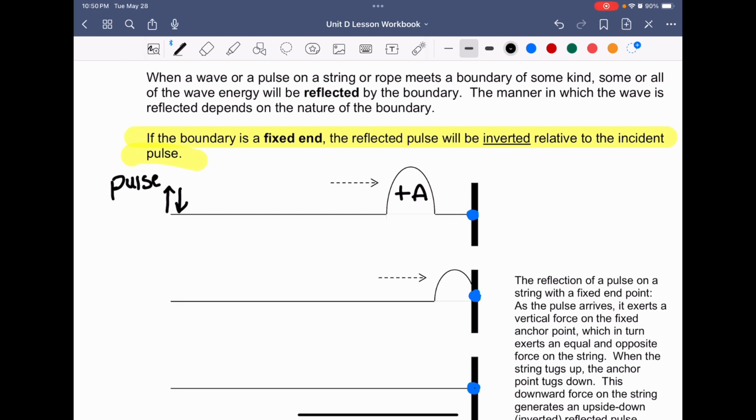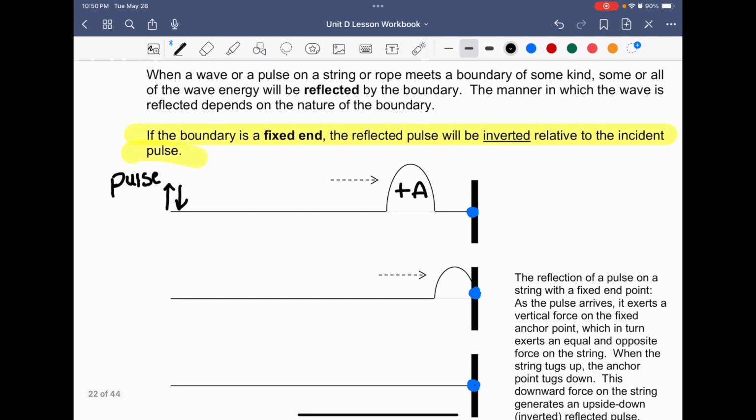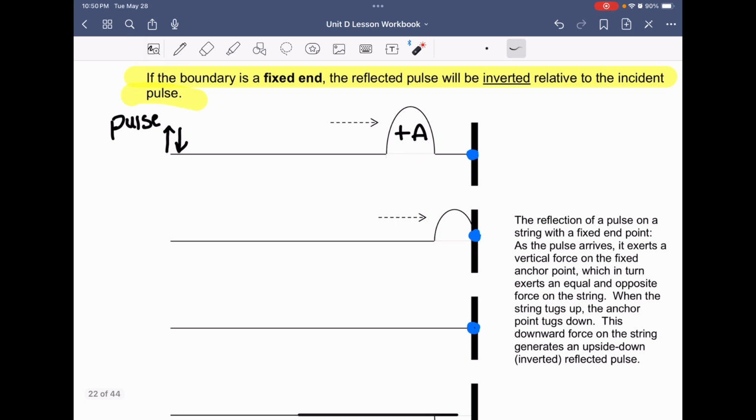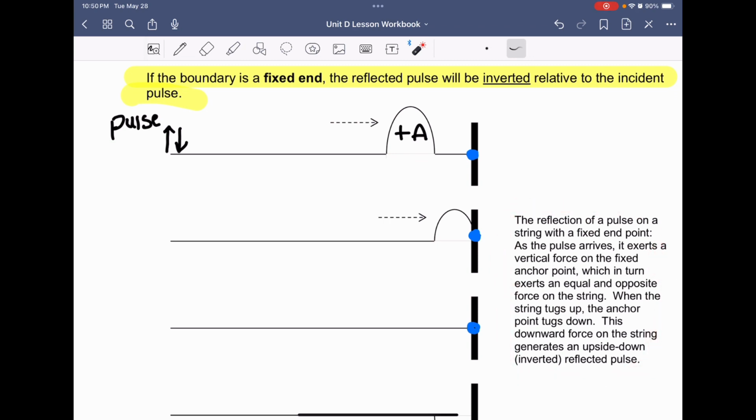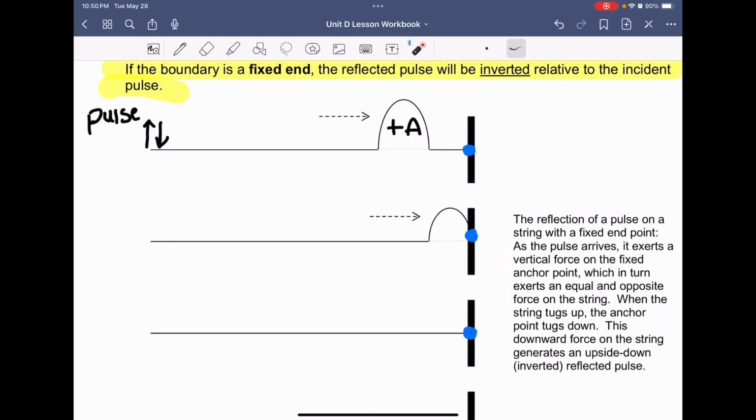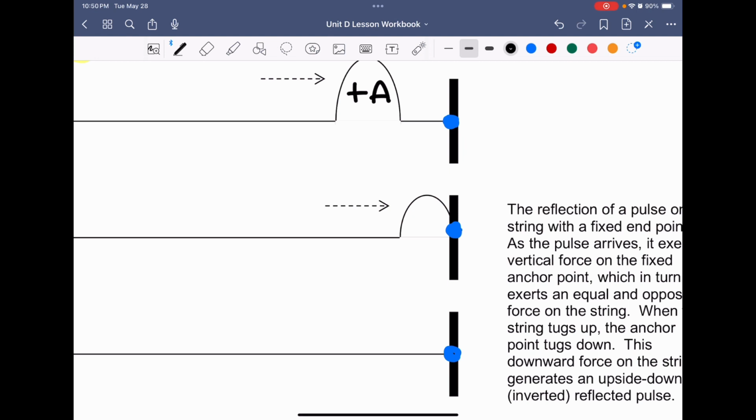And when it reaches this fixed end, a really interesting property happens, and it's mentioned in the notes here. If you want to take a closer read on what I'm about to say, you can read it within here. But essentially, this endpoint acts as an anchor where you hit the endpoint. And what's going to happen is that the force generated, or this energy, is going to try and force this cable upwards. And so I'm going to label an up arrow and call this force number 1.